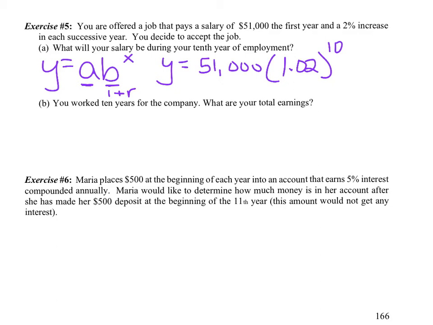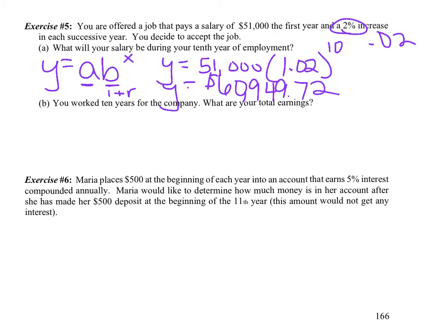And I changed my 2% to a decimal. This is from way back in Unit 3. And then the 10 is how many years. So after 10 years, if you put that in your calculator exactly like I wrote it, their salary in the 10th year is going to be $60,949.72.